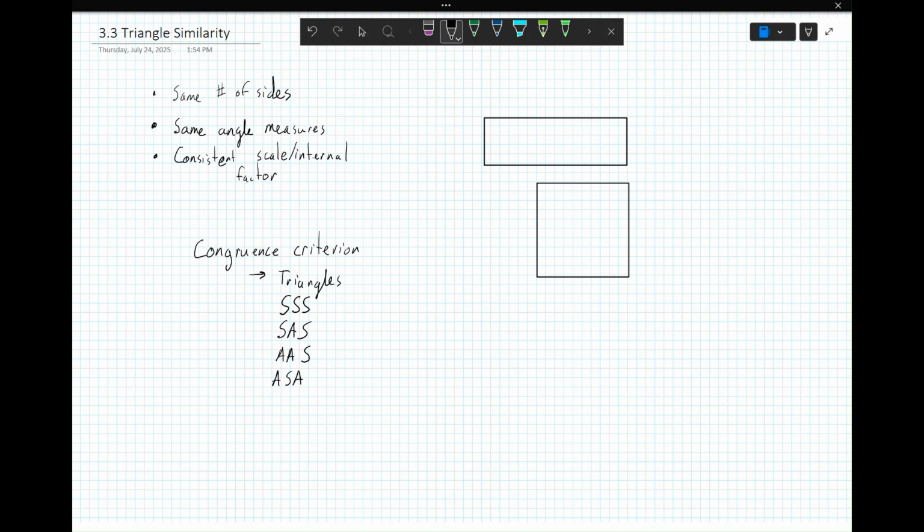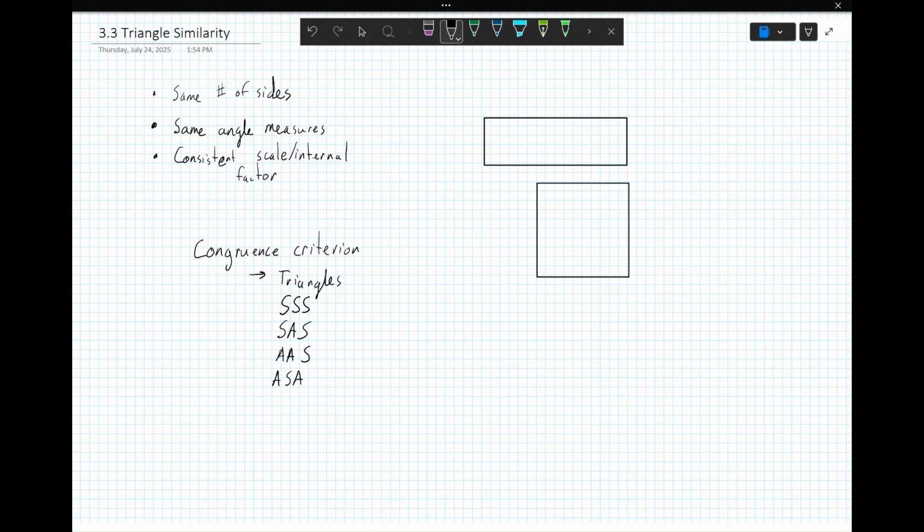Now, think about our visual definition of similarity, where there's some distance you can hold the two objects away from a viewer where they line up perfectly. In other words, there's some distance where they appear congruent. What does that mean?